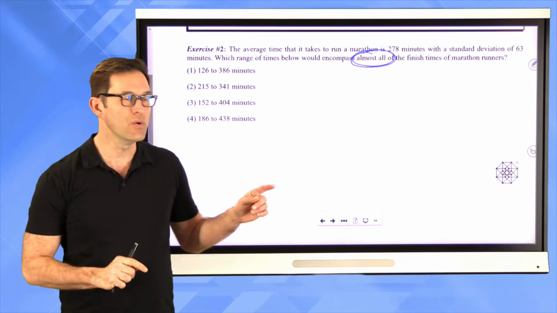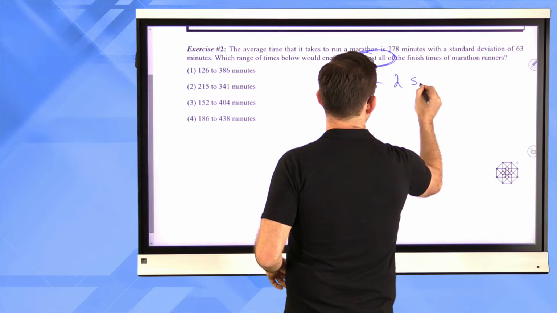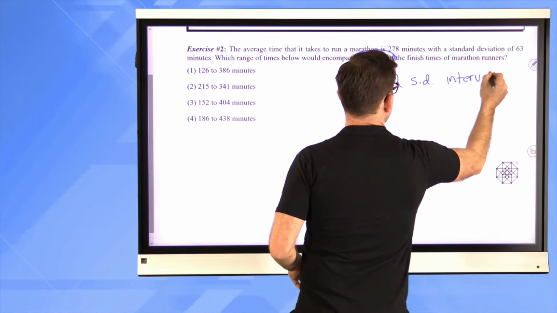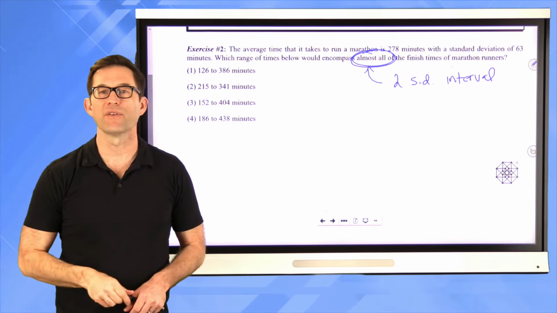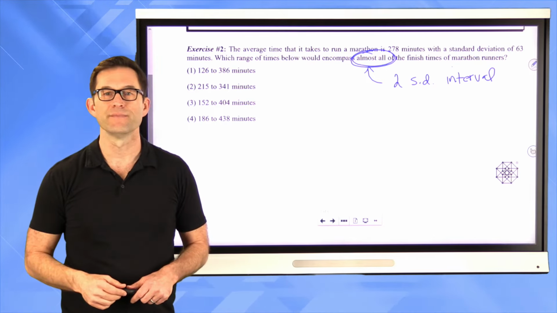So see if you can create the two standard deviation interval for this particular problem. Pause the video now, use your calculator, and figure out the two standard deviation interval for these marathon times.